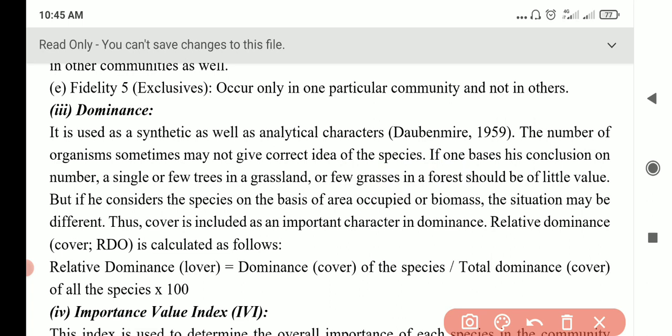So one should also consider the species on the basis of area occupied or biomass. Let's say this is the grassland community, and there is one patch of trees here.